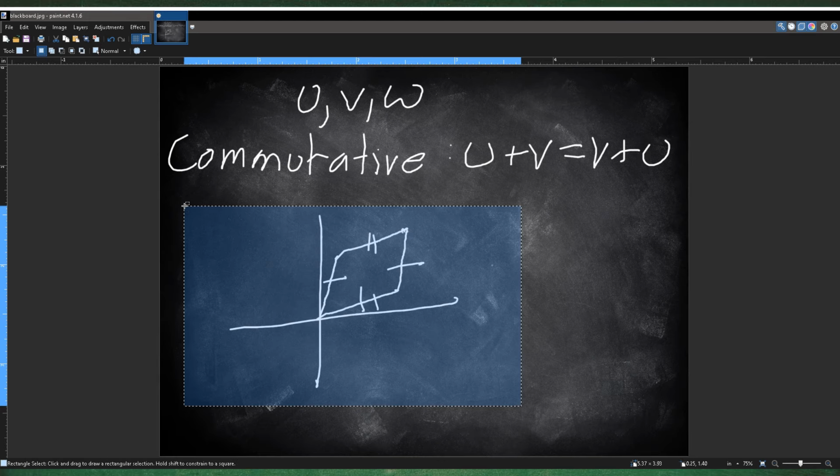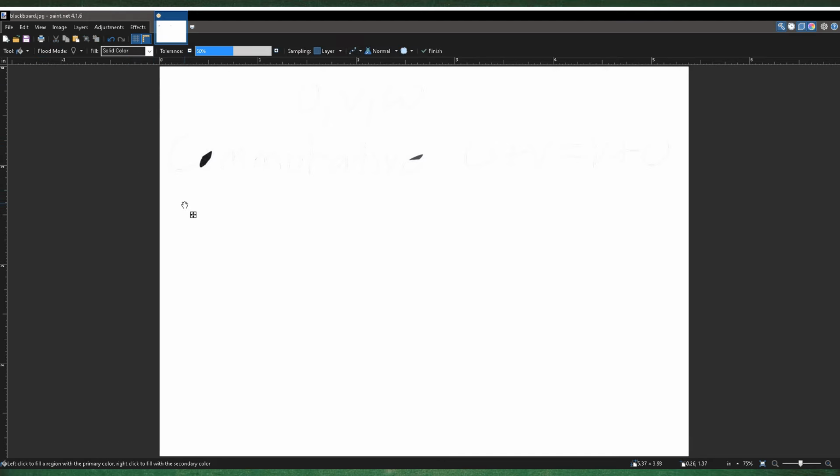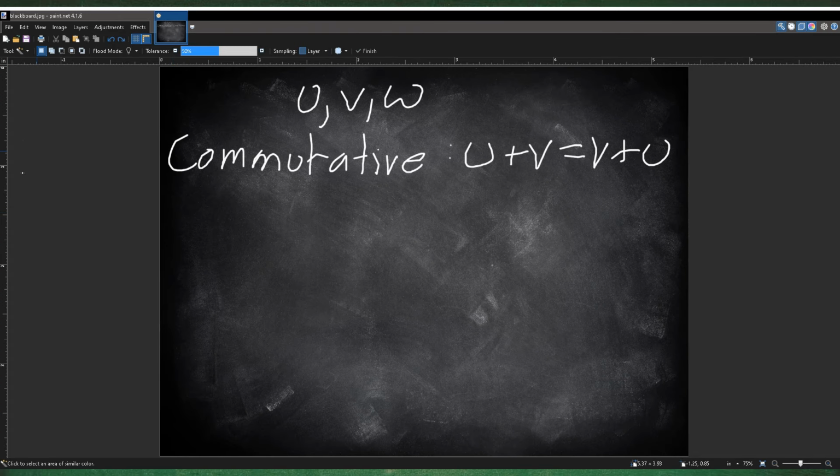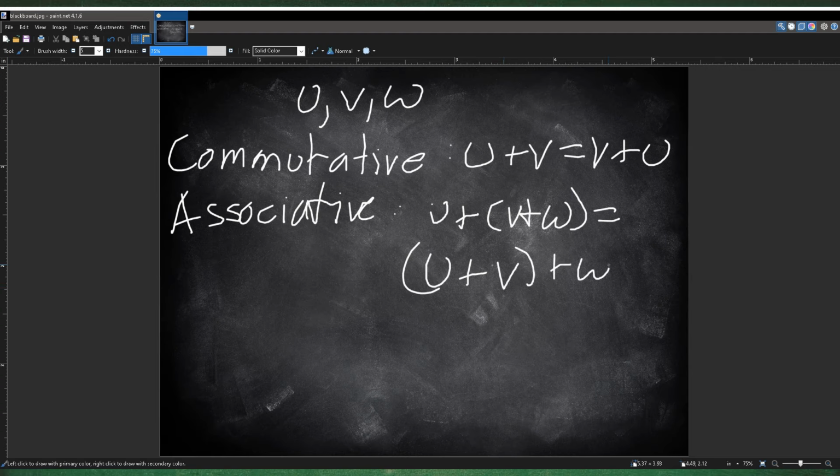That's the commutative property. They expand this further with the associative property. So you can now add a w. So (u + v) + w is the same thing as u + (v + w). The parentheses are different, but they're basically the same thing.